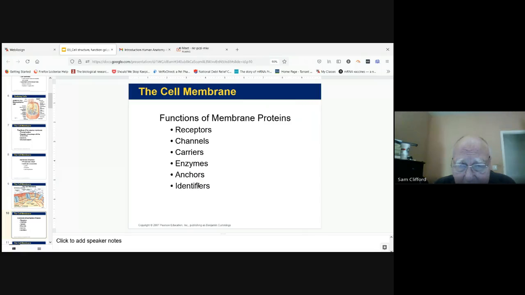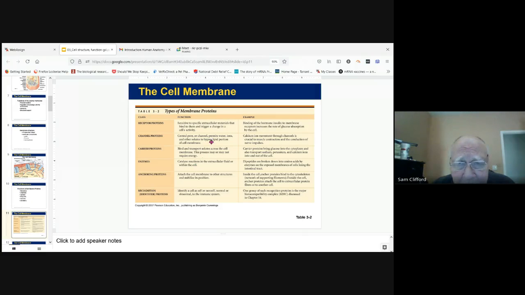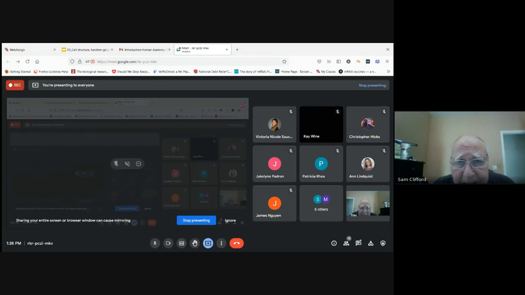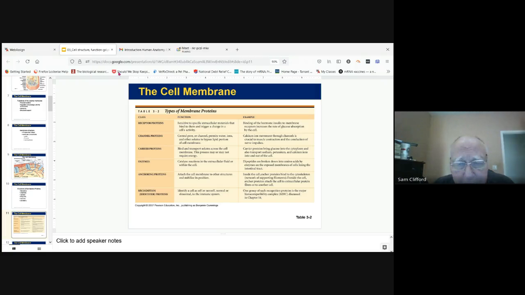The glycoproteins and the glycolipids act as identifiers. So make sure you read through these, the functions of proteins, and make sure you know and understand these terms.